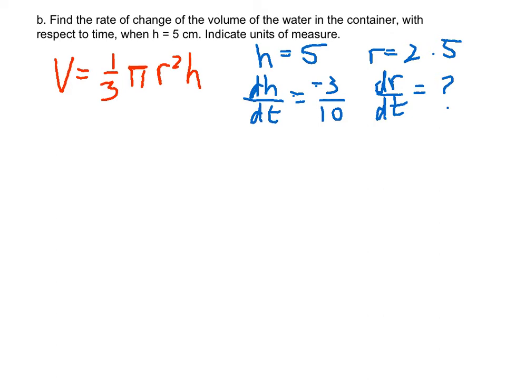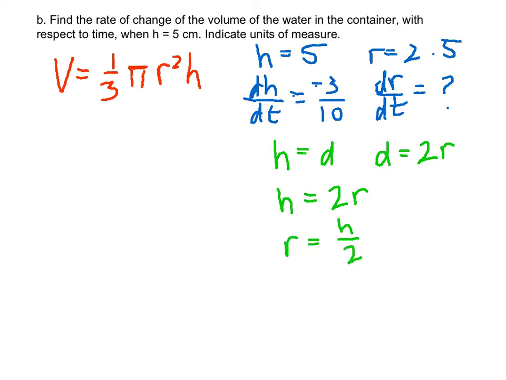As we said in the last slide as well, we found that the height equals the diameter. And since diameter equals twice the radius, we can substitute that in and find that h equals 2r. So when you solve it for the radius, you get radius equals h over 2.